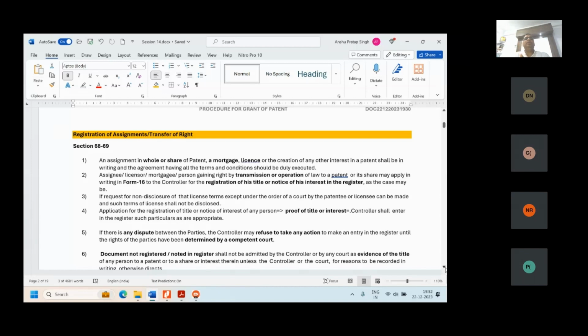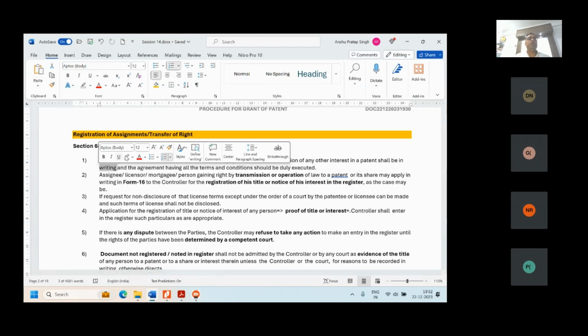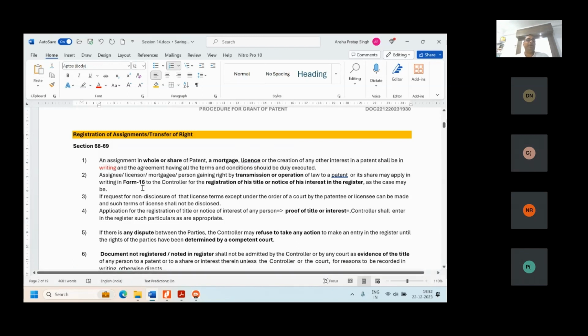That can also happen. So depending on how you are using it, there can be an assignment in whole or share of patent, a mortgage, a license, or the creation of any other interest in the patent, and it shall be in writing. Whatever you are doing, it should be in writing. Oral will not be applicable. Oral agreement is not going to happen here.